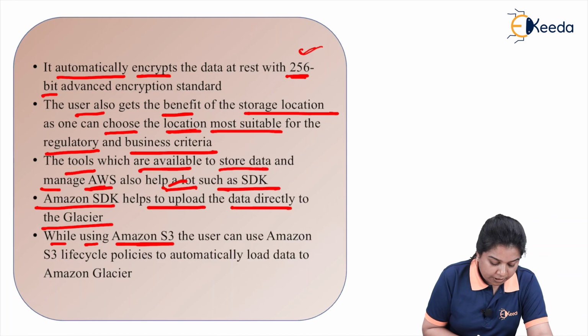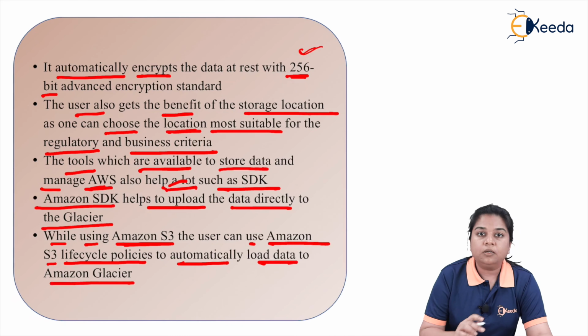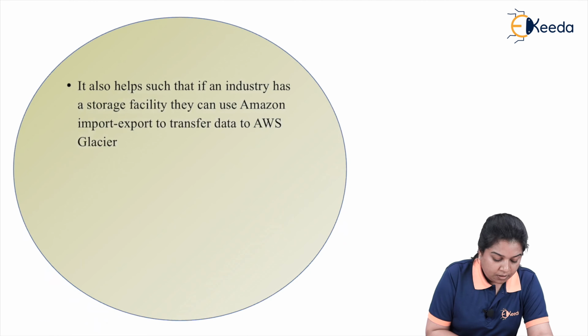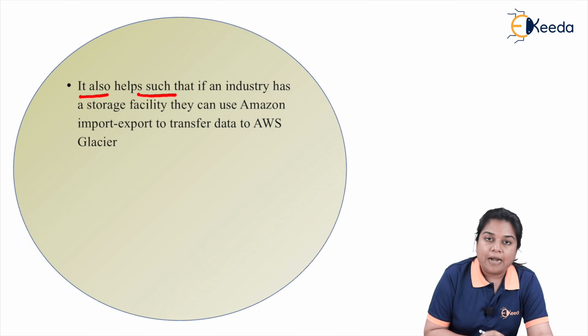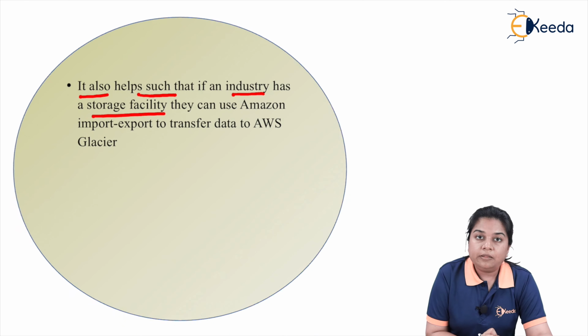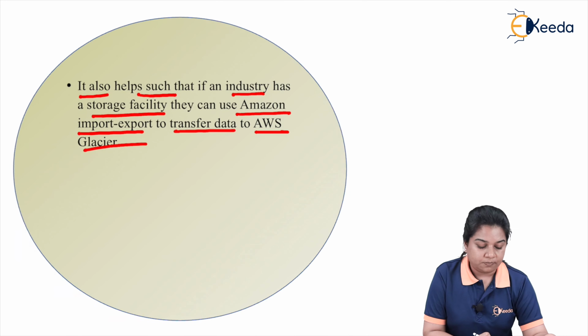While using Amazon S3, the user can use Amazon S3 lifecycle policies to automatically load data to Amazon Glacier. It also helps such that if an industry has a storage facility, they can use Amazon ImportExport to transfer data to AWS Glacier.